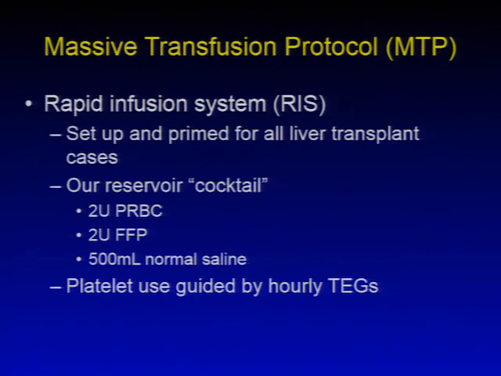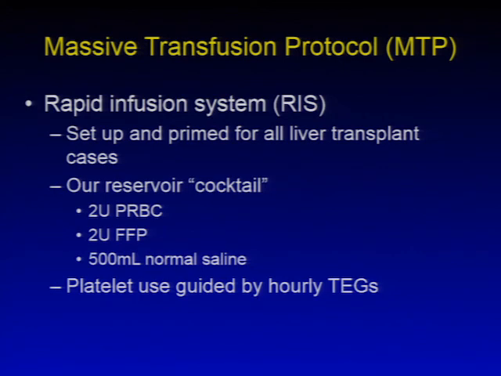In my institution, we use the rapid infusion system. We set it up, prime it for all liver transplant cases, and in this instance, our cocktail of massive transfusion is a filling of the reservoir with 2 units of red blood cells, 2 units of fresh frozen plasma, and 500 cc's of saline.